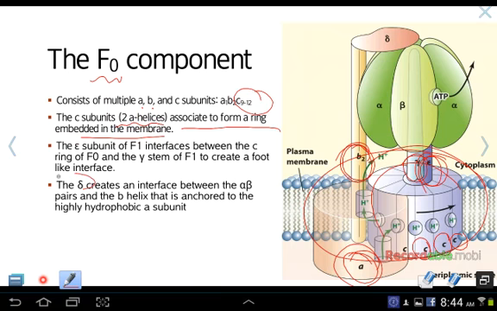The delta subunit of F1 creates an interface between the alpha beta dimers and the B helix, so that it is anchored to the highly hydrophobic A subunit.